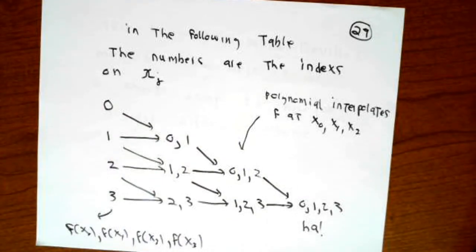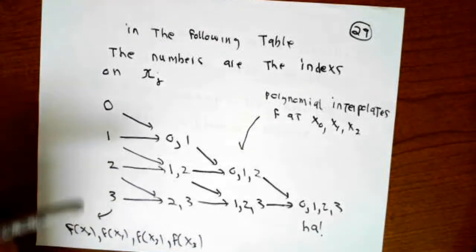We actually already know those polynomials of degree 0. They're just f at x_0, f at x_1, f at x_2, and f of x_3. What we have is a way of combining polynomials based on certain numbers of points to get polynomials of more points.